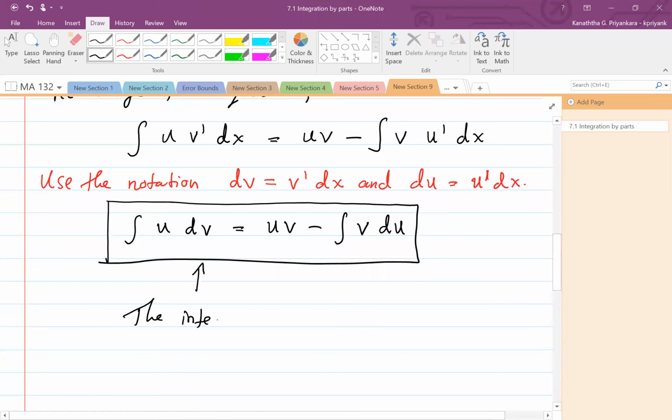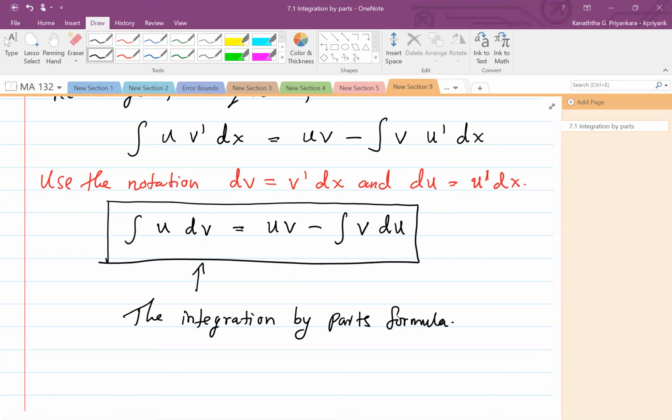The integration by parts formula. So for a given integral, you need to figure out what is u and dv, so then you can apply this formula. So remember, when you choose u and dv, you need to figure out those two such that the integral of v du should be in the simplest form so that you can integrate it.